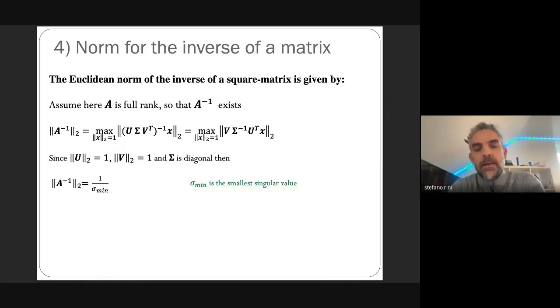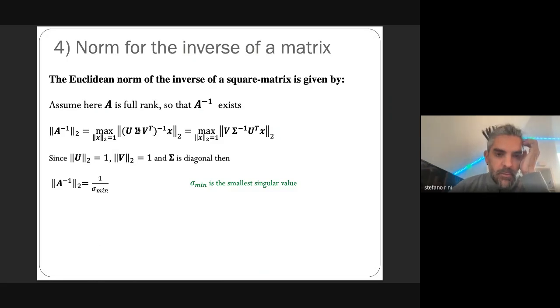Very nice. Now, what about the norm of the inverse matrix? Of course, we assume that A is full rank and square, so that A to the minus 1 exists. And you do the same calculation. Now you notice that you're taking the inverse of the SVD of a matrix, and this is very easy, because these are all unitary matrices, so the inverse is equal to the transpose.